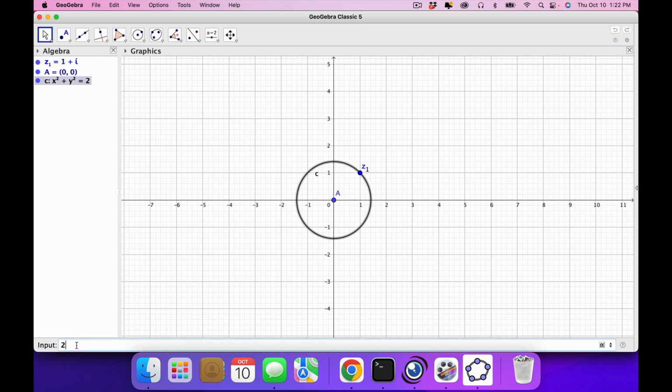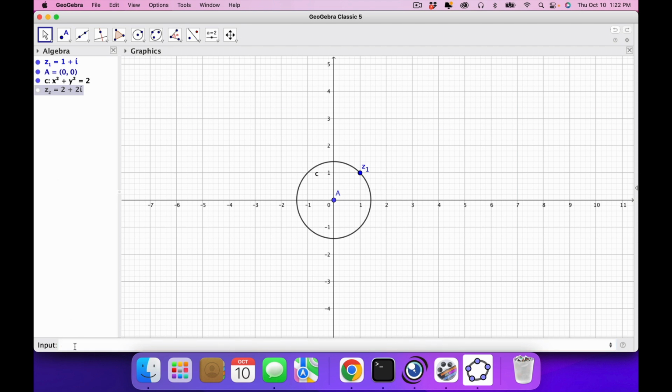If I take 2 times z1, I get this new number, z2. But since I just took z1 and multiplied it by a real number, all I did was change the magnitude. It has the same angle.